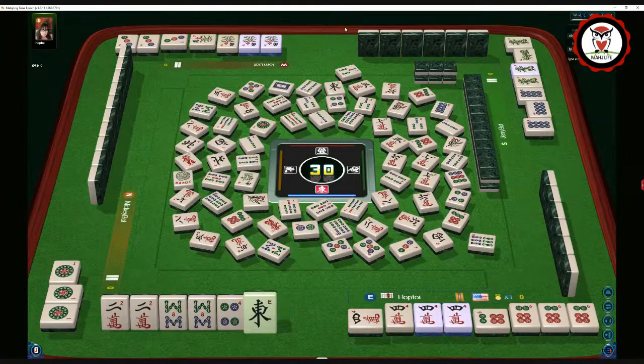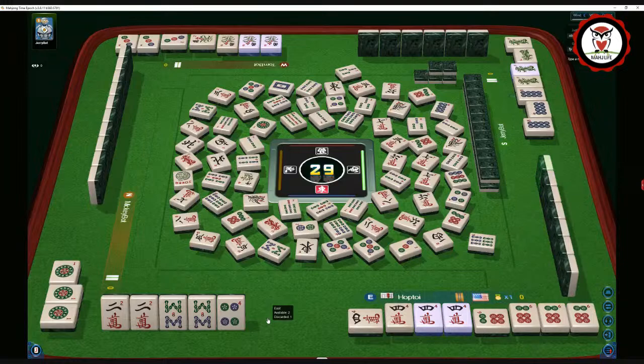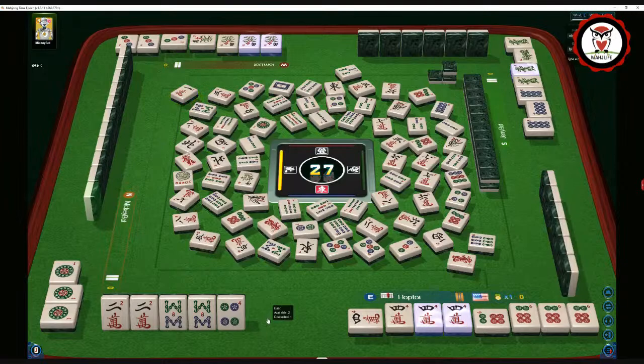Let's see, this player across from us discarded a 4 dot. East wind. With a 3 dot pung, they're probably playing or attempting 1 2 3 3 with 4 flowers like that. That could be the only hand they're playing. So nobody needs a 4 dot.